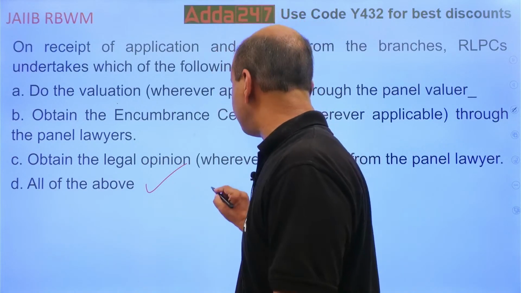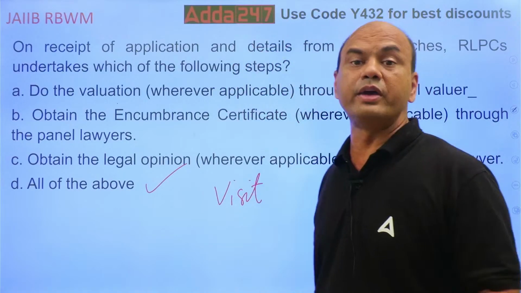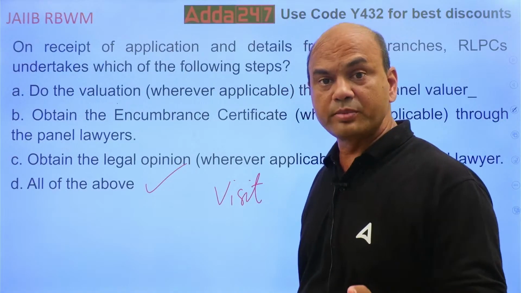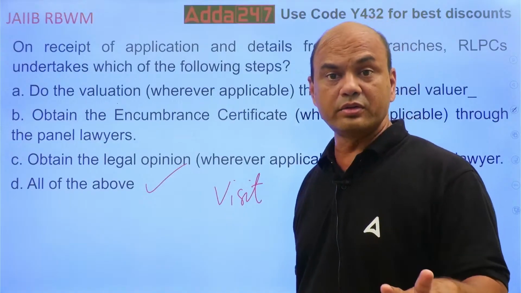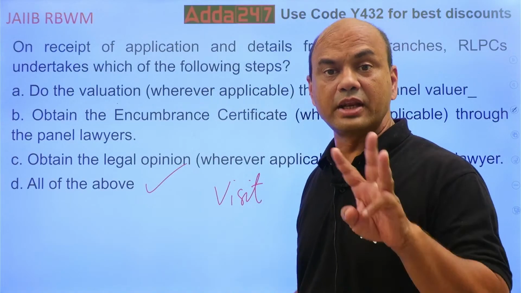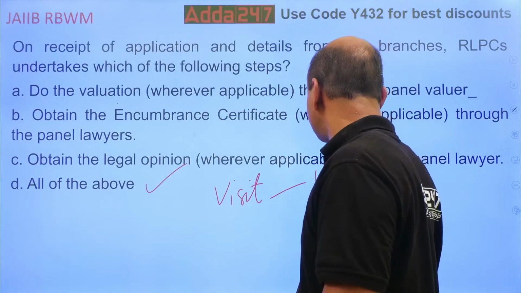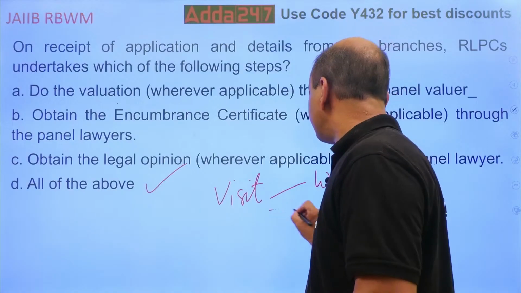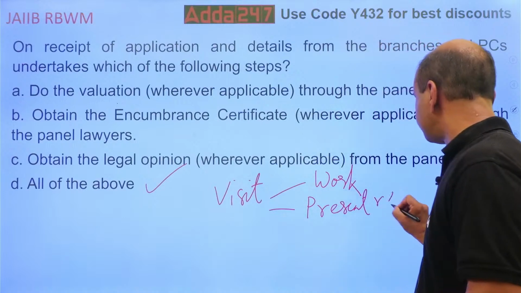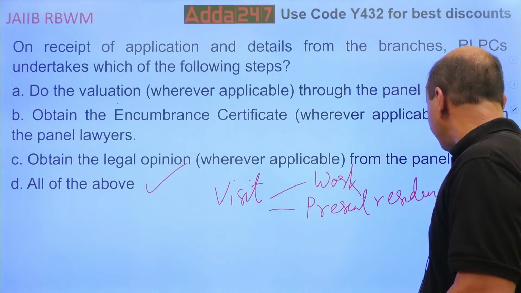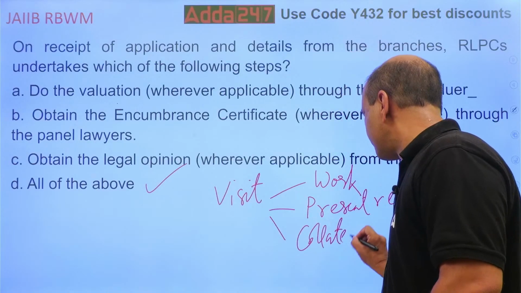Visit is very important. Where should the visit be done? Visit should be done at 3 places. Kindly note, in any loan, specifically in home loan, visit needs to be done at 3 places. Number 1, office, means work. Then present residence, and collateral property, whichever property is given.